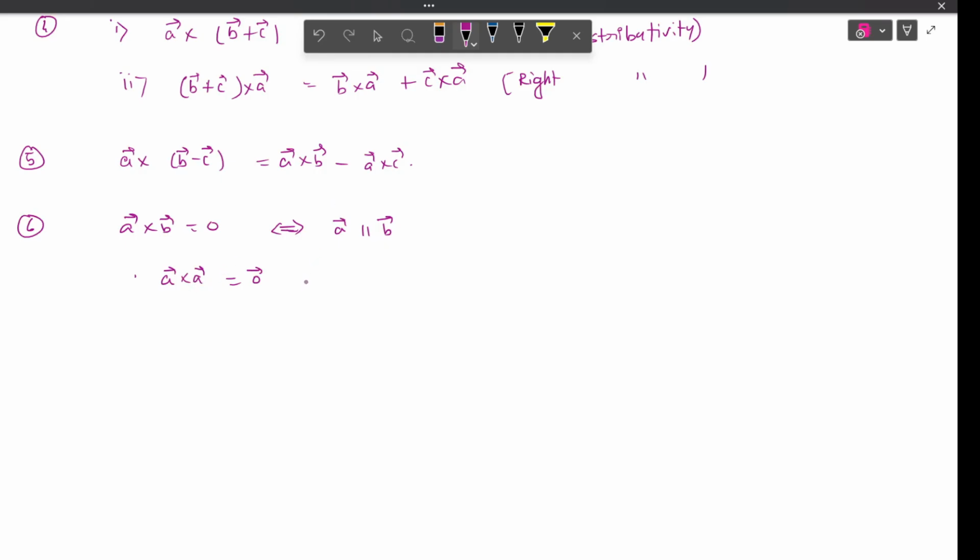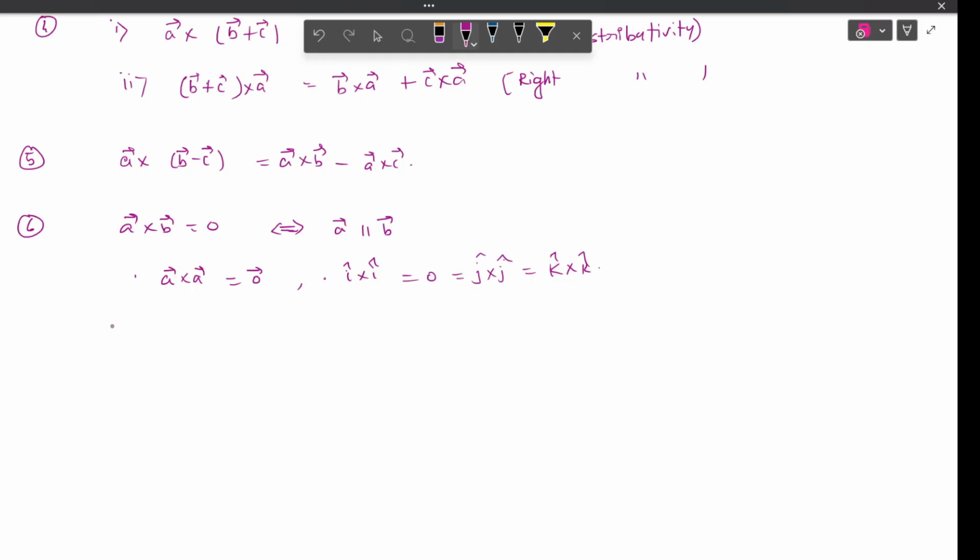If we say i cross i, where i cap is the unit vector along the x axis, you are making the cross product of the same vector, that is, parallel vectors. So i cross i would be 0, j cross j would be 0, and k cross k would be 0.